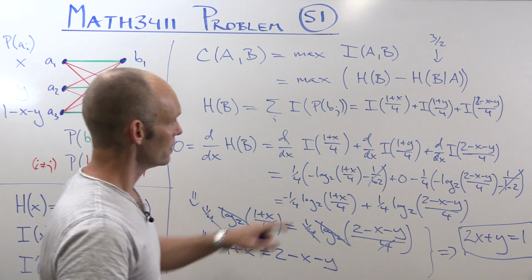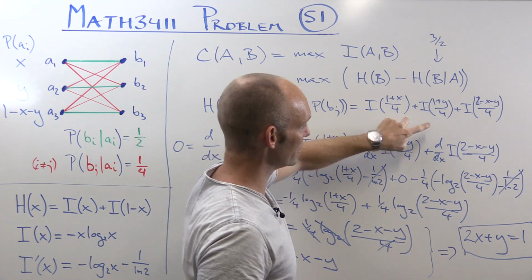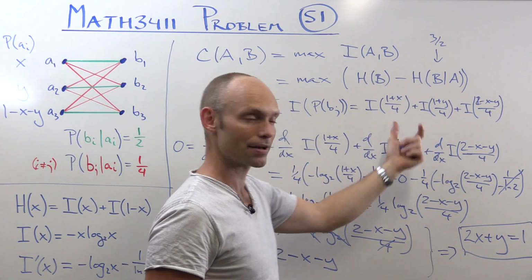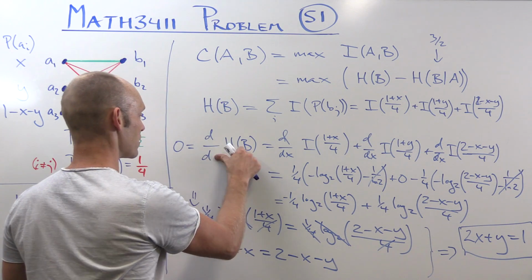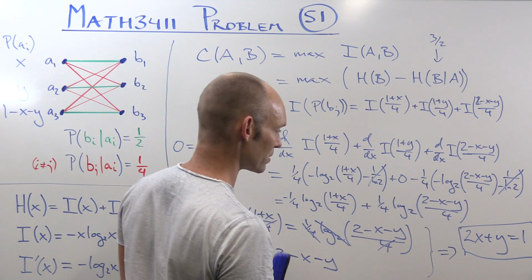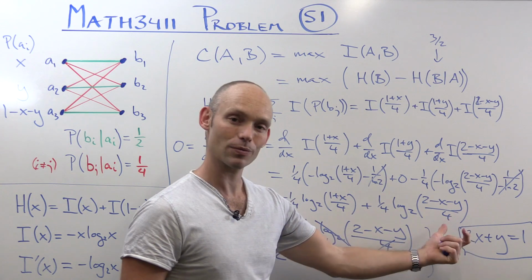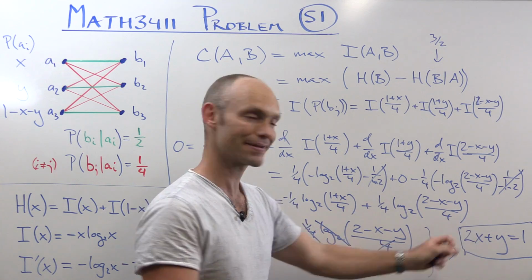But this expression here that we're differentiating, if you look at it, it's symmetric with respect to x and y. So if we instead differentiate it with respect to y, then all we do is change all the x and y's around, and the conclusion will then be the same here, except that we are swapping x and y around.